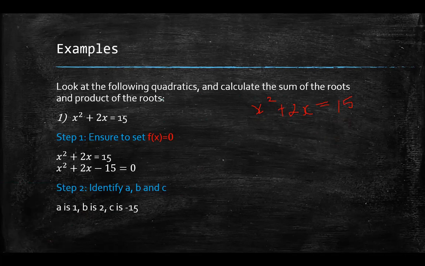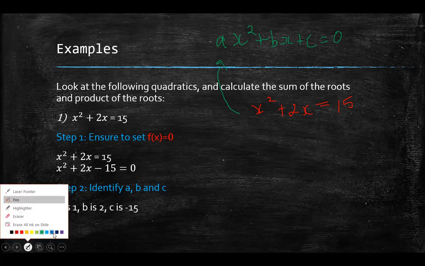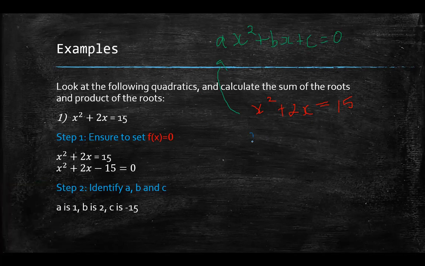Why? Like I said, standard form of a quadratic, ax squared plus bx plus c is equal to 0. The aim is to get this quadratic to look like this. So you need to make sure it's set equal to 0.